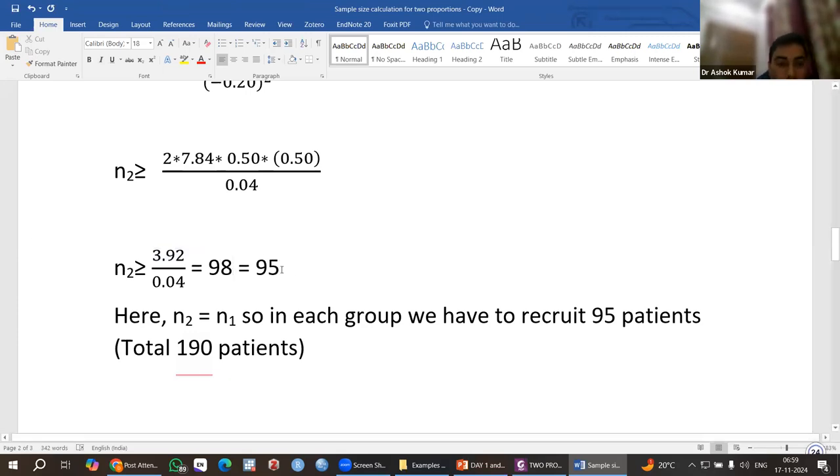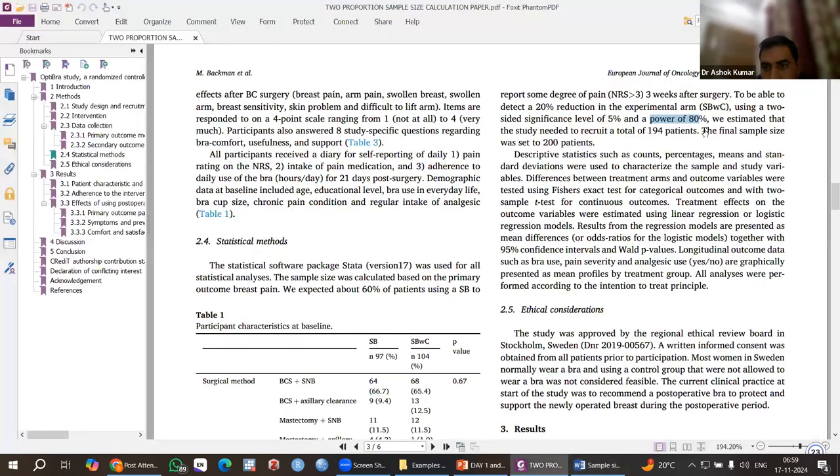Okay, in each group, you have to write down in each group. So it is coming 98. So I can take 98. In each group, 98. So the total is 196. So what is over there? Okay, 194. So it's okay, no issue.